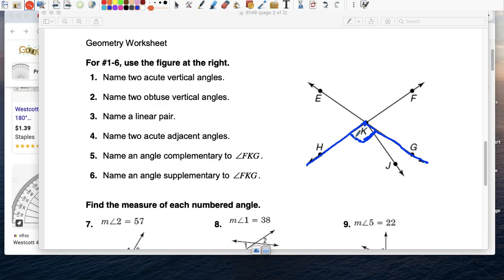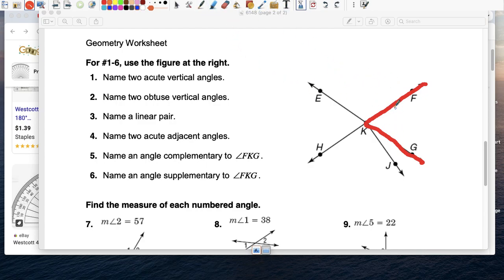So what's the complementary to FKJ? Sorry, take that back. They're talking about this angle here, FKG. I thought it was 90, but it's not.